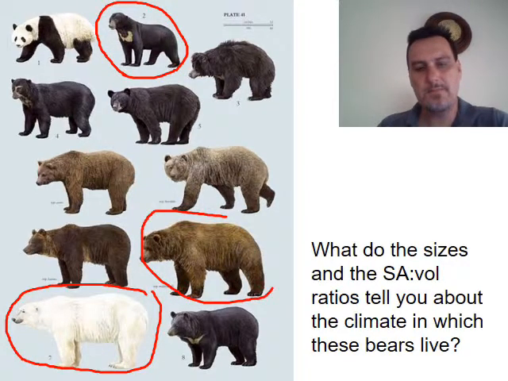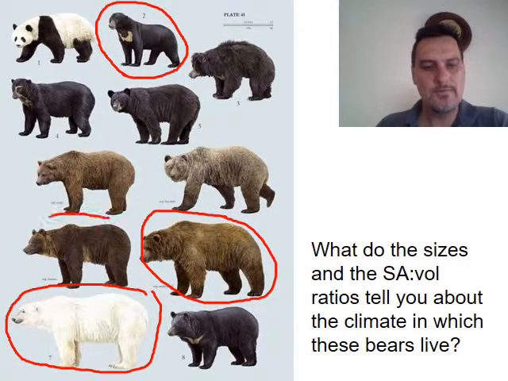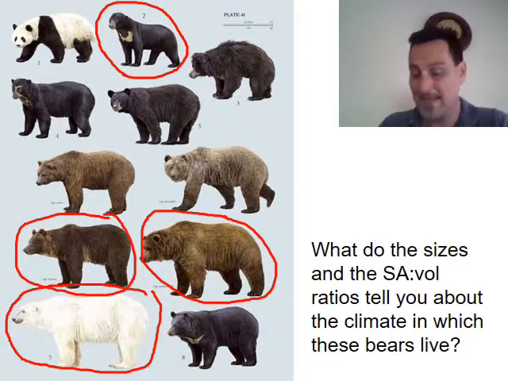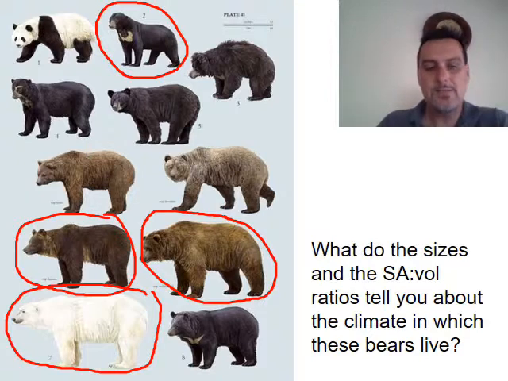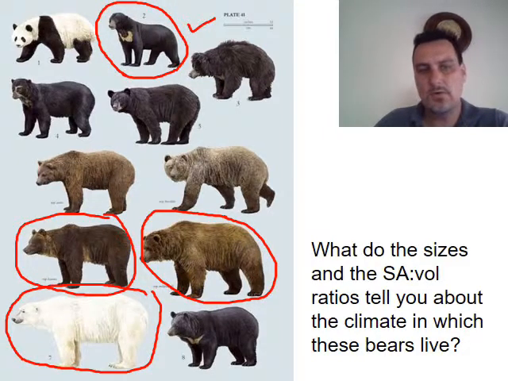This is the Kodiak bear, and then you also have the brown grizzly which lives in the northern parts of America and Canada. And we can actually see here that this one, because it is living in a tropical climate, is smaller in size, and so as a result it'll have a higher surface area to volume ratio, and that's quite good for losing heat.